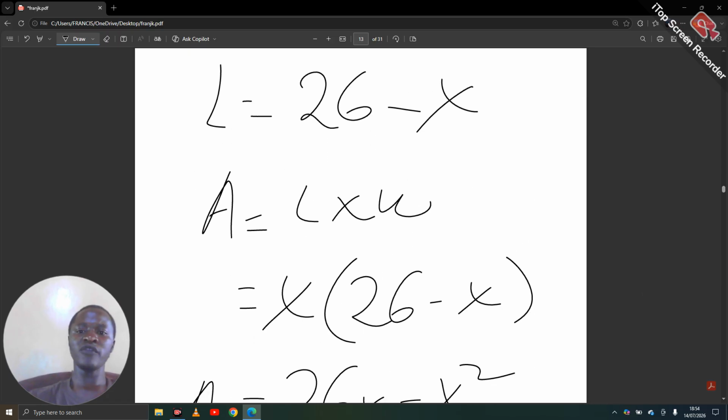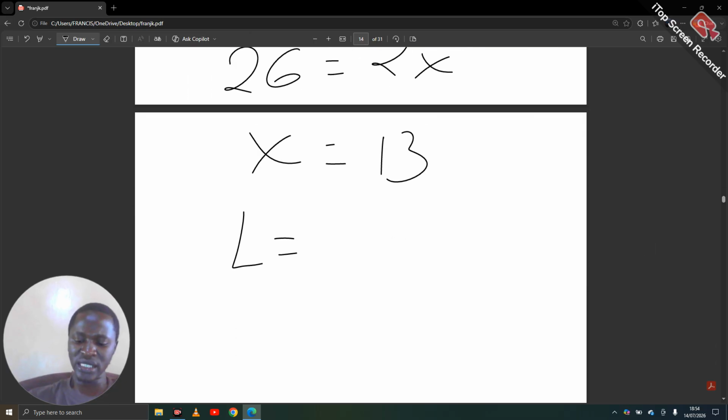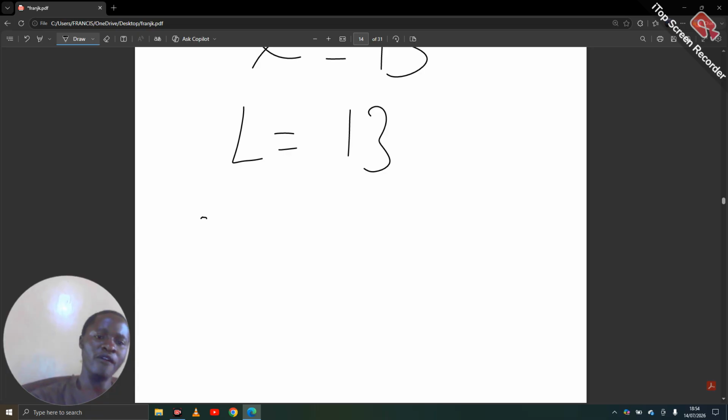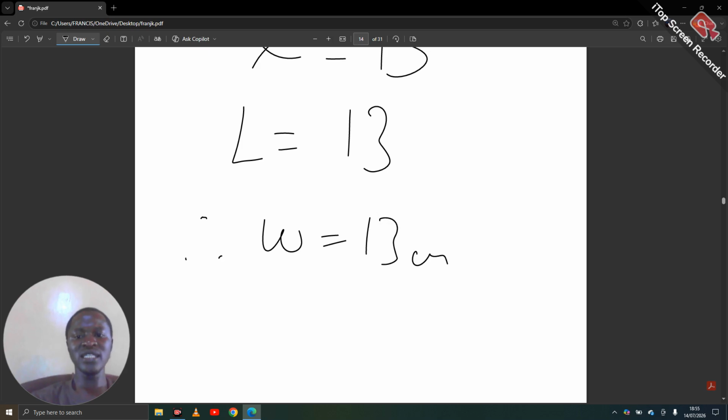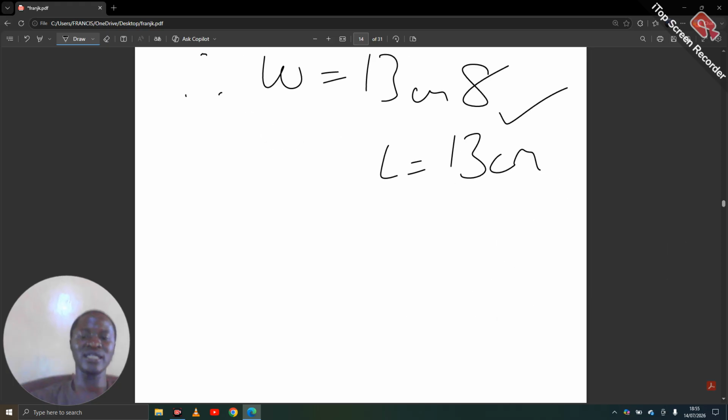We had an expression of 26 minus x, that is now 26 minus 13, which is still 13. Therefore, width equals 13 centimeters and length equals 13 centimeters. Tick, tick, tick. Let us look at the last question, then we close the lesson for today.